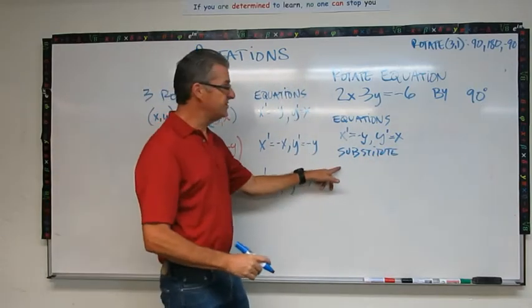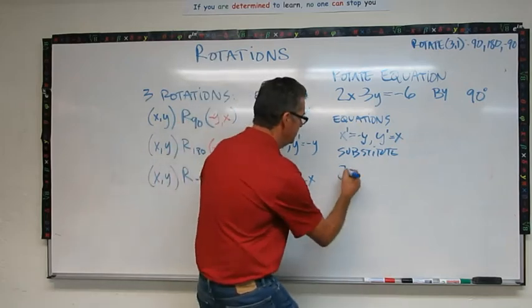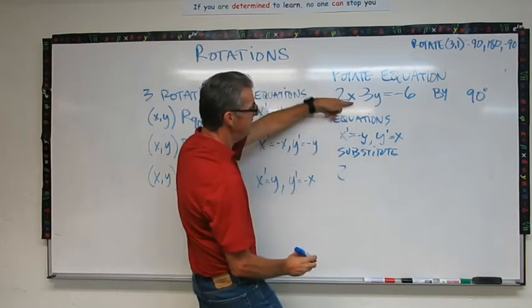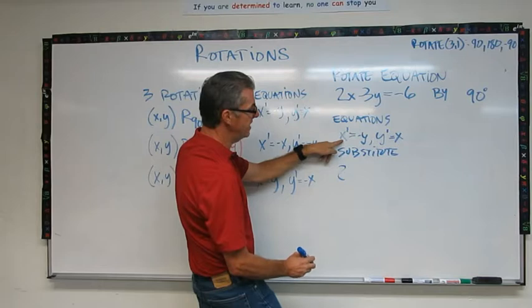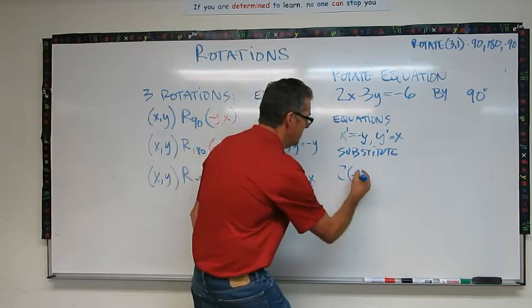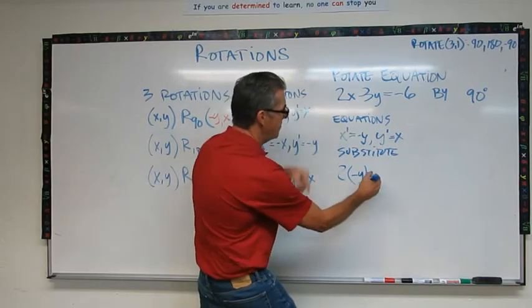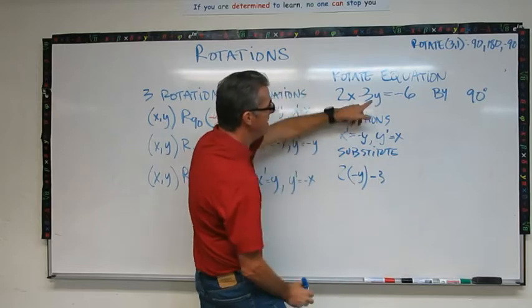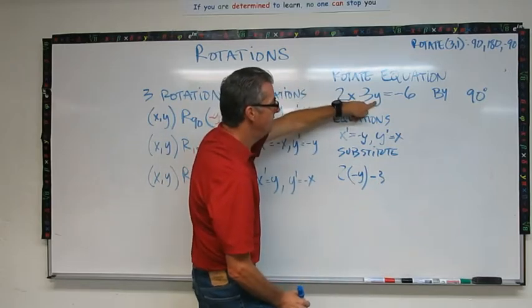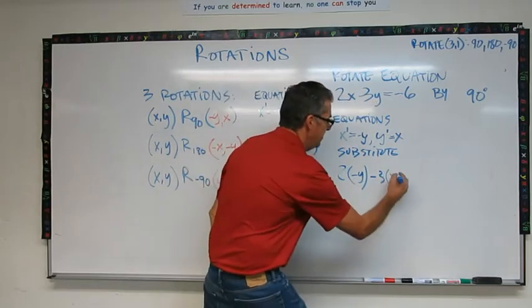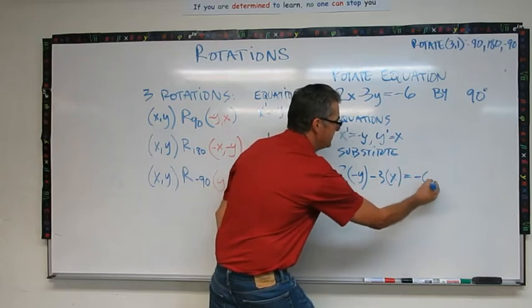Okay, so let's do that substitution. 2x. So what does x become? My new x prime is negative y. So that's 2 times minus y. And I have a minus. And what does my y become? My new y prime is just x. Equals minus 6.